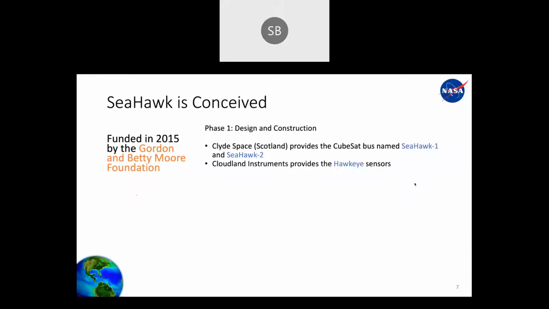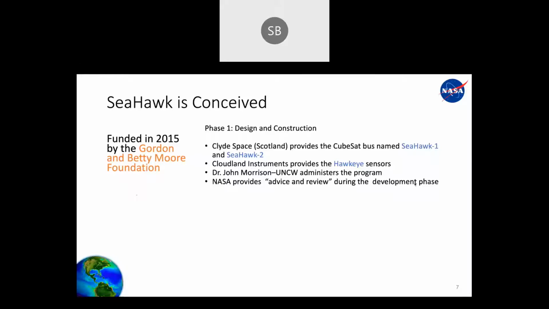Cloudland Instruments, based in California, was brought online to provide the HawkEye sensor. The president of Cloudland Instruments, Alan Holmes, was the man responsible for the development of the CWIS instrument. So we have some heritage here. Dr. John Morrison of the University of North Carolina, Wilmington, was brought on to administer this program.